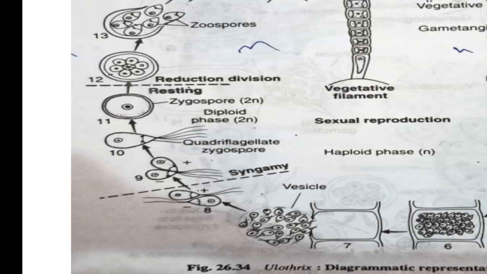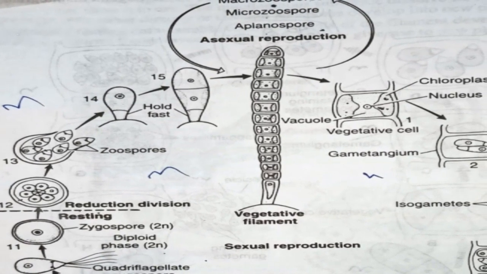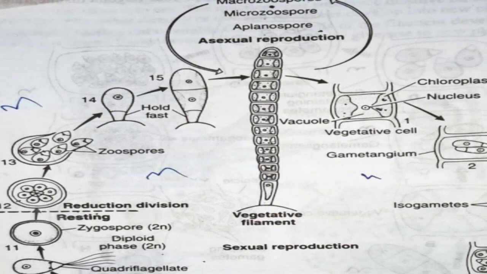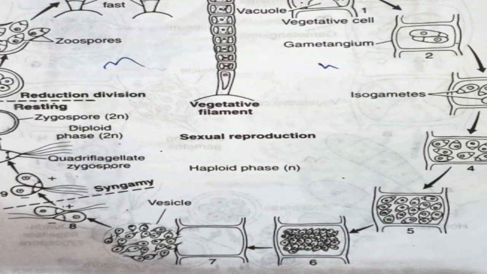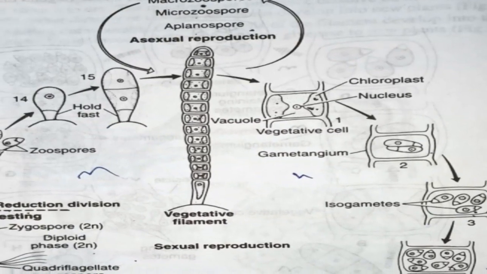After some time it has been observed that all flagella are removed and only the zygospore becomes a diploid zygote. Now the meiosis is responsible for the formation of 4 haploid zoospores, and ultimately every zoospore forms a vegetative structure of Ulothrix.